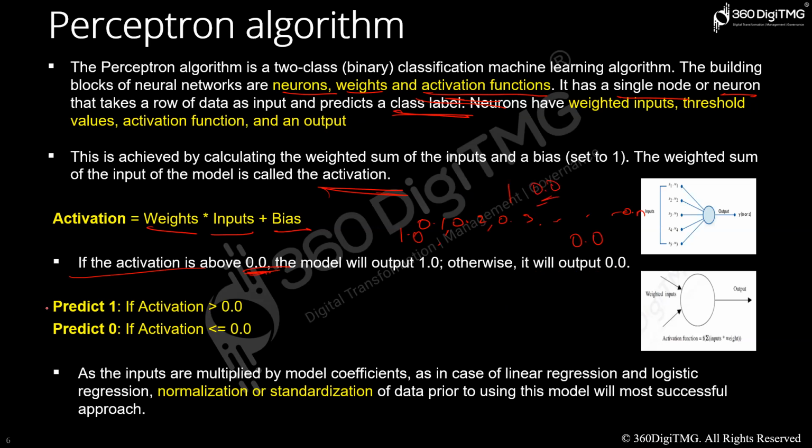So we have here a hypothesis test for H1 and H0. If we get the activation greater than 0.0, we predict 1. And if the activation is less than or equal to 0.0, then we predict 0.